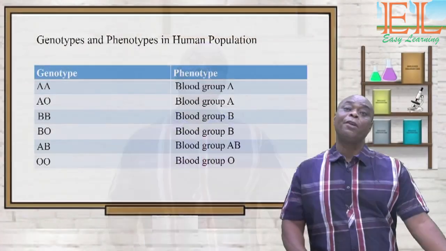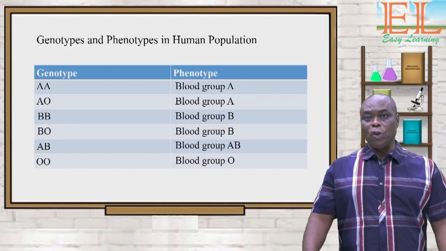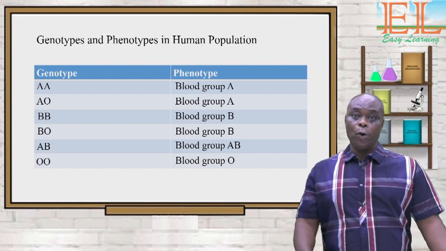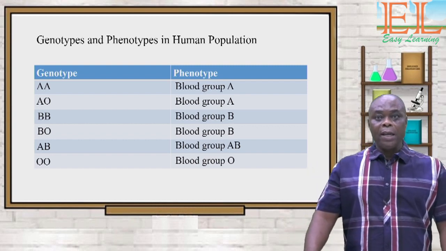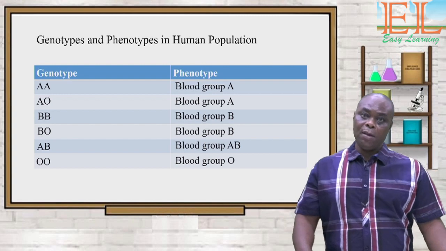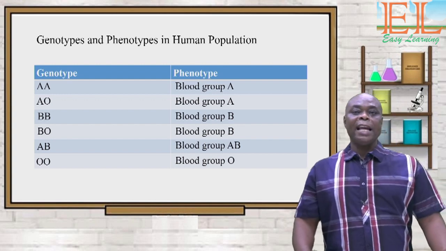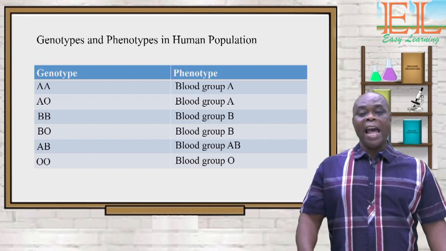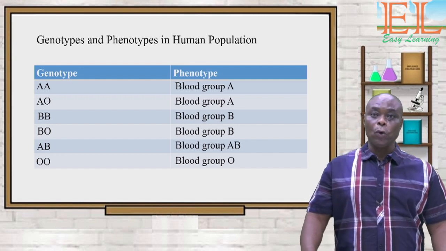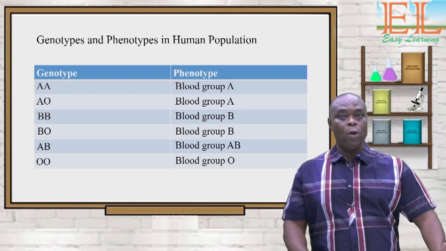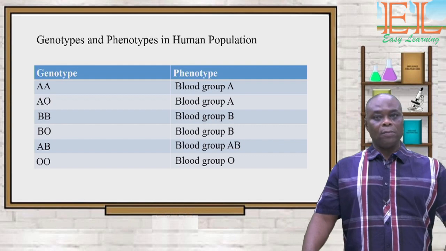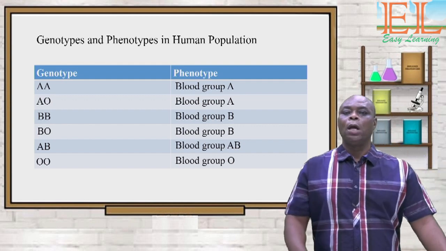When they say you are blood group A, your genotype may be AA or AO. When it's B, it may be BO or BB. When it is AB, then it means it is both A and B. And when it is O, it means you have double O. We'll come back to it as we move on.